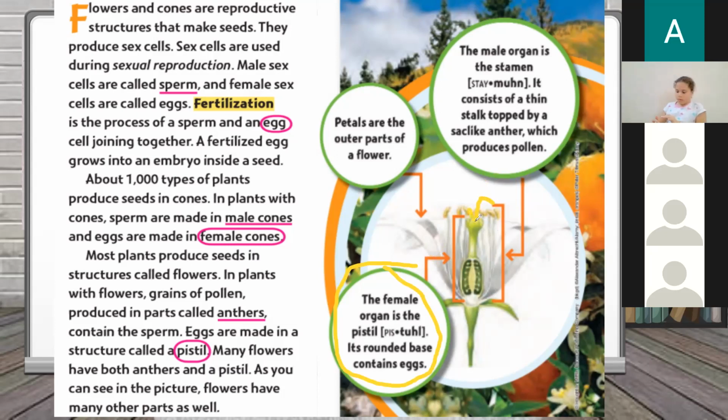To the female, to the pestle, down to the ovary, to give it to the eggs. When egg and sperm join together, they make the process of fertilization and a fertilized egg. Then this is how a fruit will come out of this ovary.